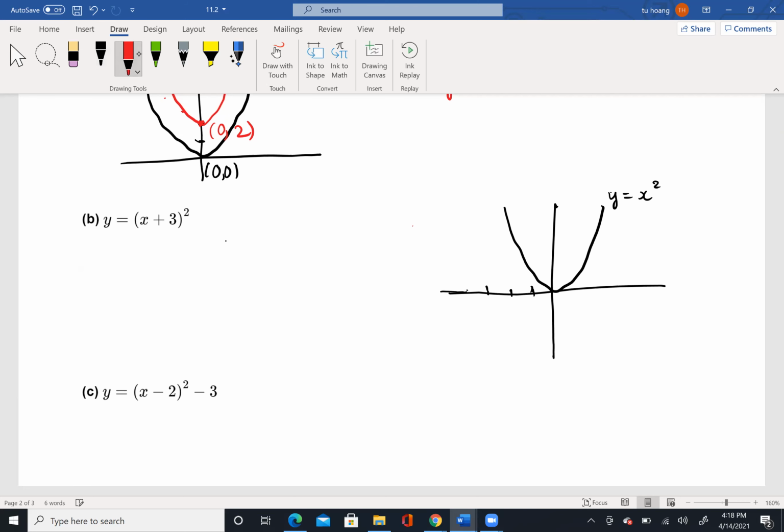And now you have the new vertex here at negative 3 and 0.